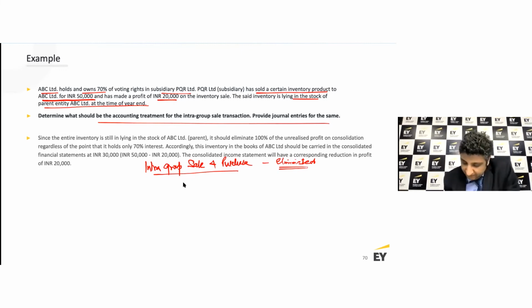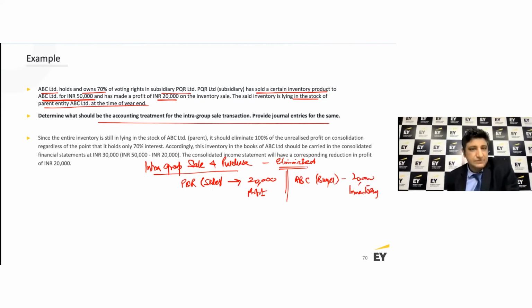But at the same time, in the books of the seller there's a profit of 20,000 which is not yet earned by the group, which means that in the books of the buyer, the inventory is inflated to the extent of 20,000.